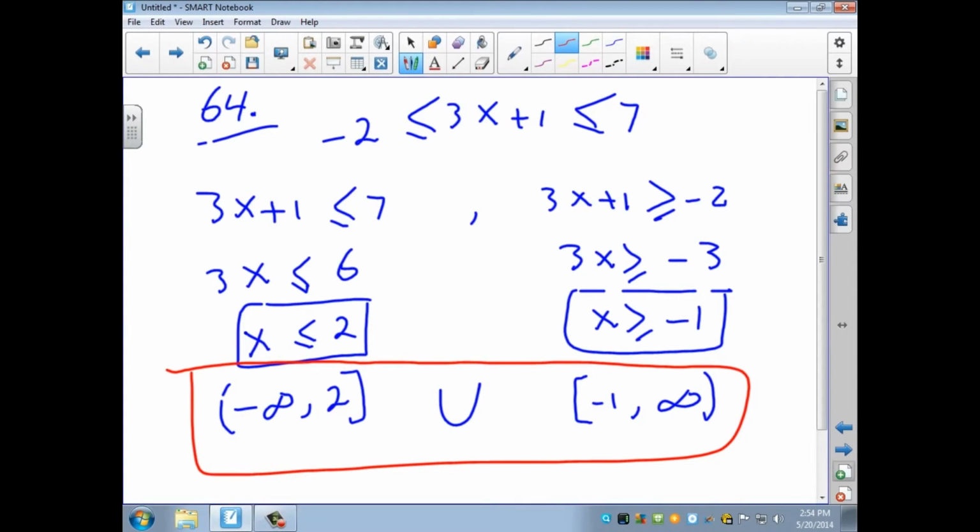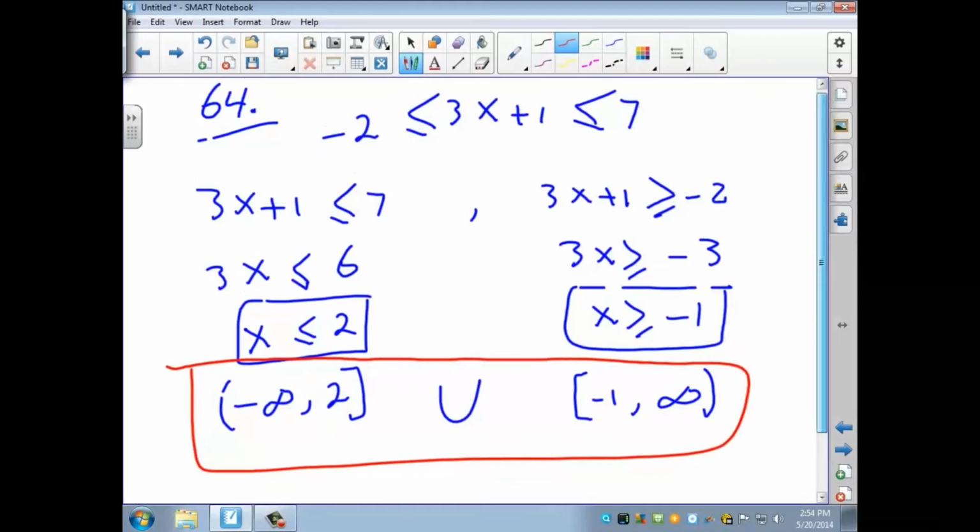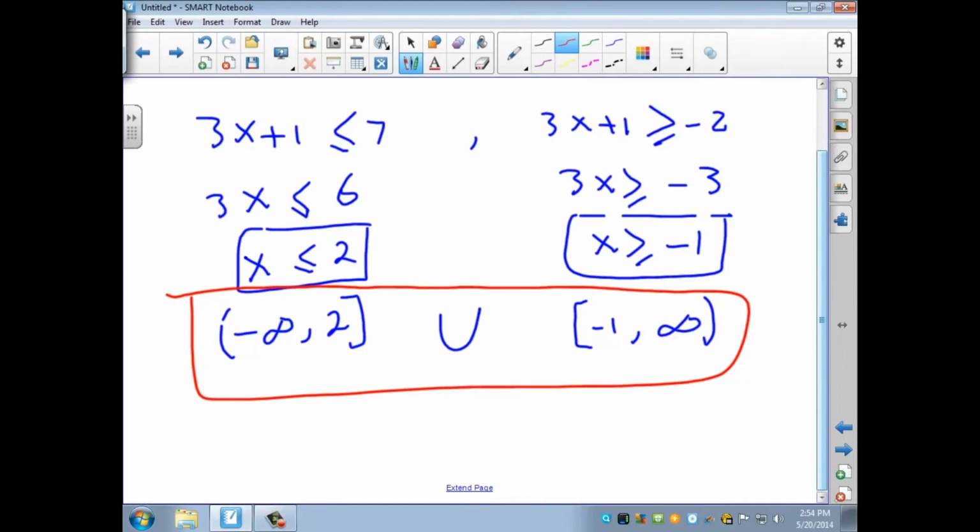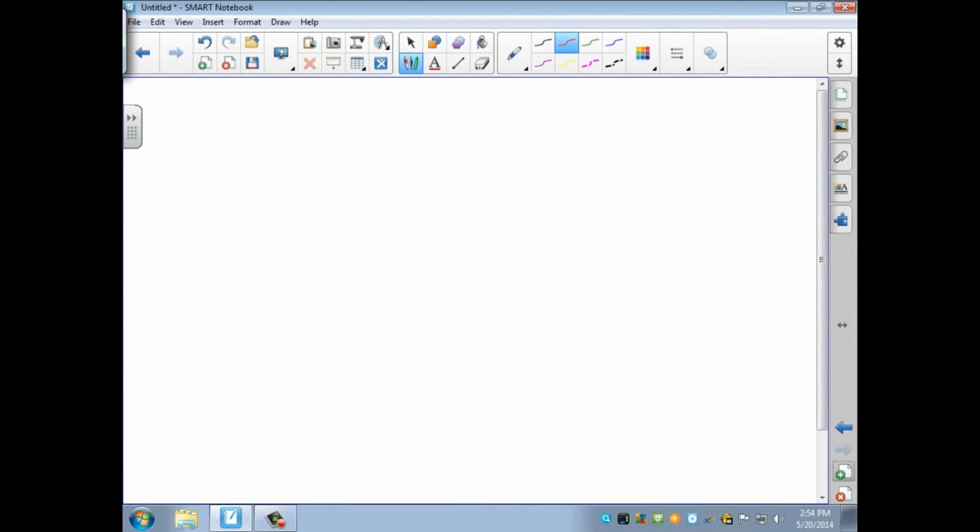Okay. Now, if your inequality is a quadratic form, you solve it a little bit differently. So you have x squared plus x minus 12 less than or equal to 0, right?